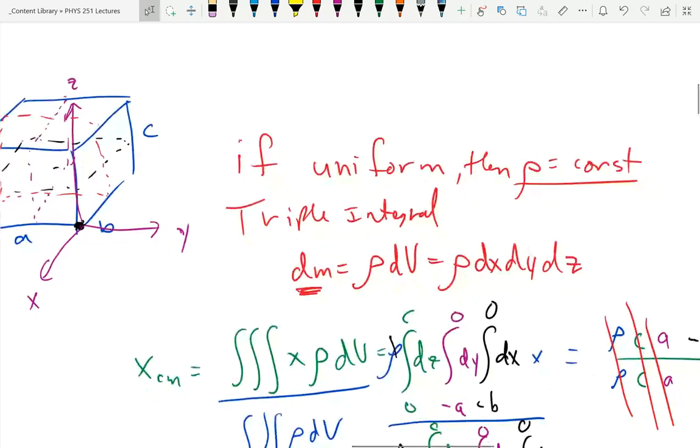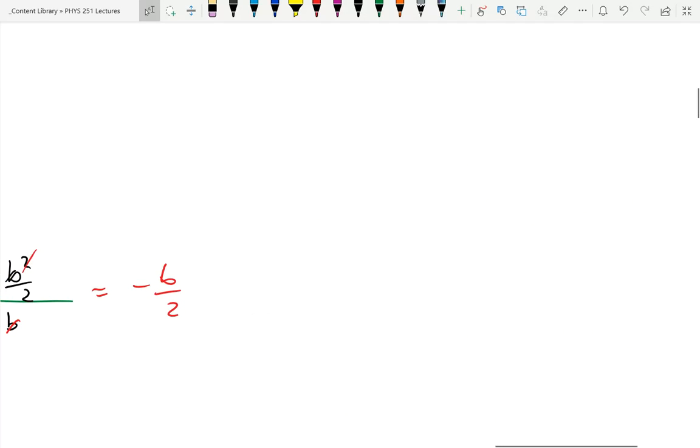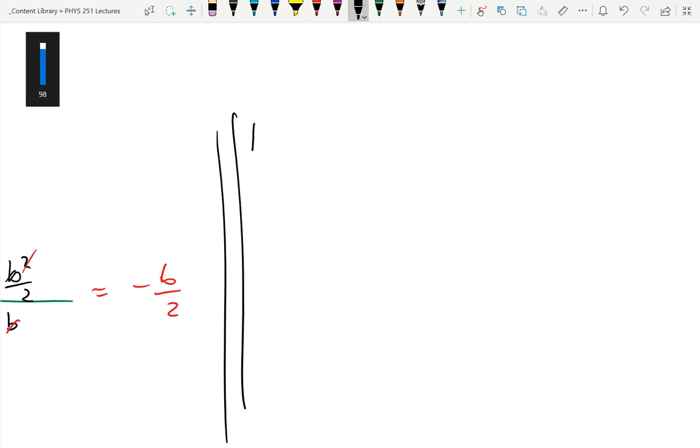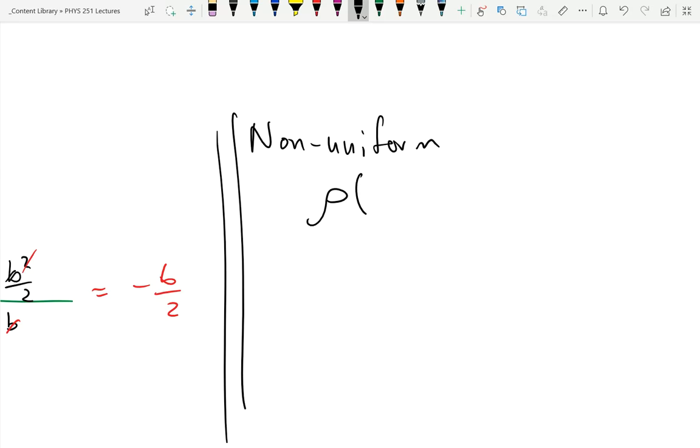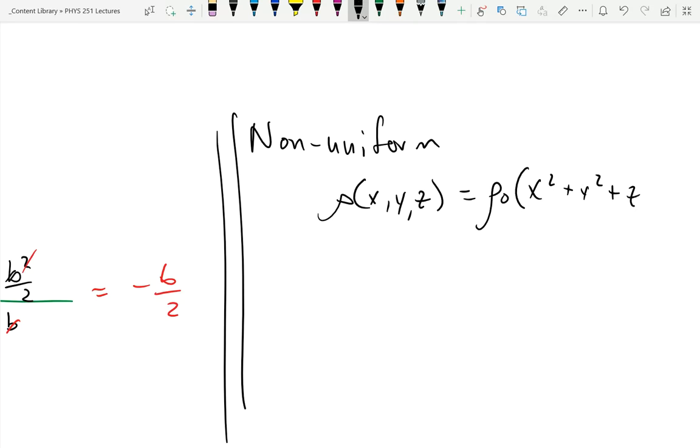So let's change it now. Non-uniform. Let's say density is equal to, well, if I do it like this, what just happened?